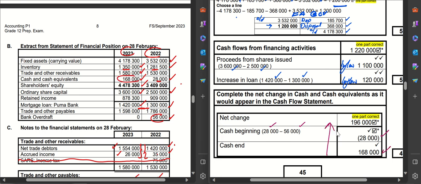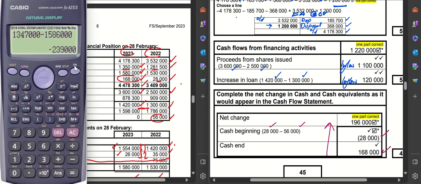And remember now, we are going up. And we then pull up our calculator. We want to get this amount here. How do they get this 196? Because when we go up, we flip that sign of the 28,000. So that means we're going to say 168,000.